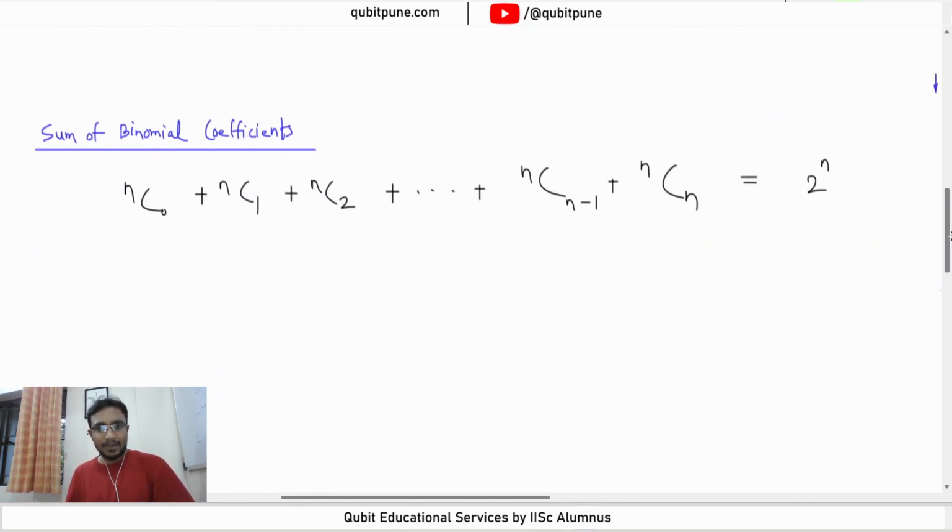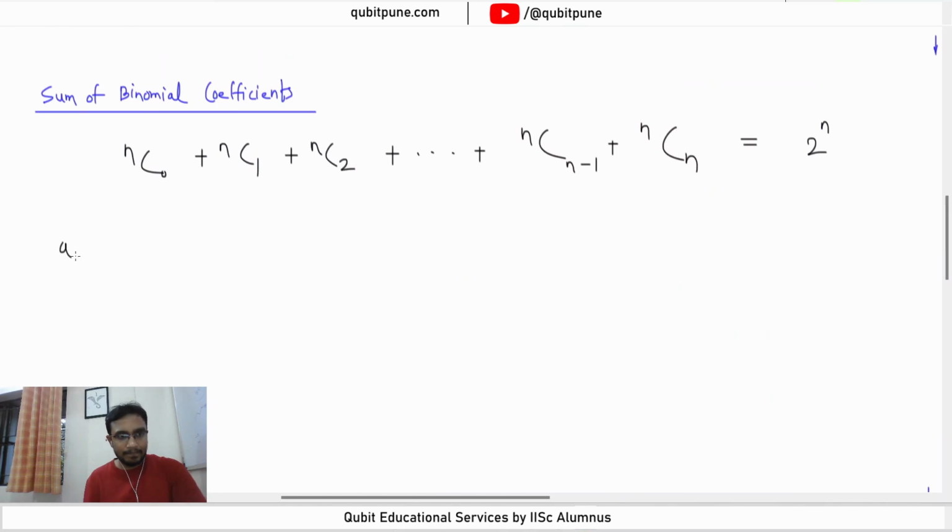In the statement of the binomial theorem, suppose you let A as 1 and also take B as 1. Then will LHS not be equal to (1 plus 1) raised to n, or 2 raised to n?